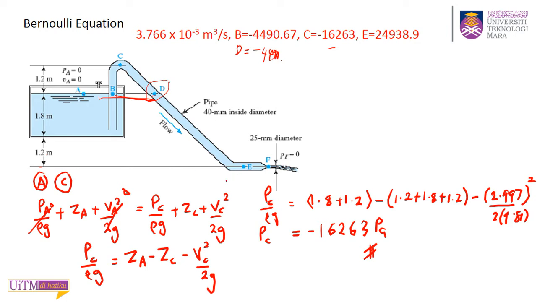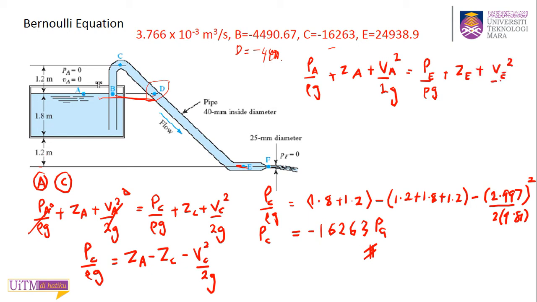Okay, to find E, similarly, do the same as what you have done for C and B. So just take point A and compare with your point E. But the difference will be in the term ZE, which must be zero because you take your reference point here. So if you write it: PA over rho G plus ZA plus VA squared over 2G equals PE over rho G plus ZE plus VE squared over 2G.